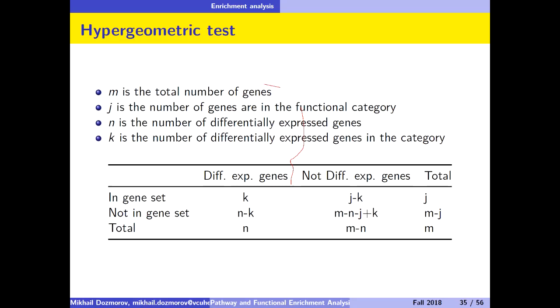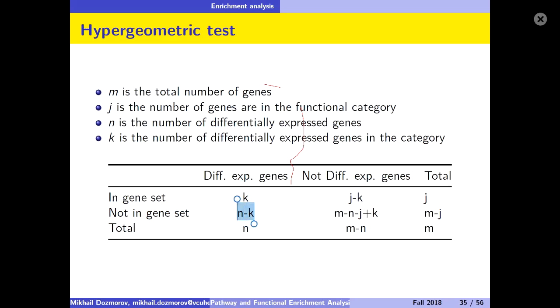You build a 2x2 contingency table, with 2 columns and 2 rows. This is just the total and the total. So you build your table, the number of differentially expressed genes in the gene set. This is this K. Then you calculate the number of genes that are differentially expressed but not in the gene set.